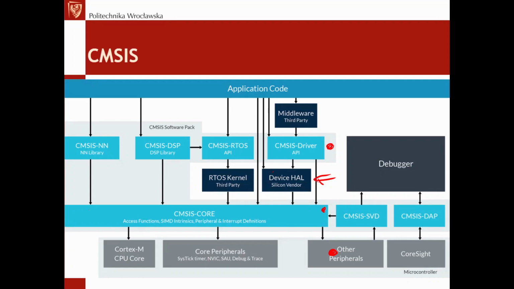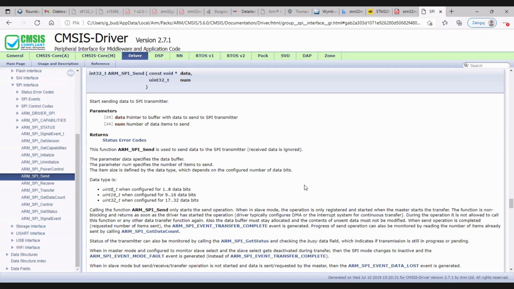But if you intend to write something universal between STM32s, NXPs, Texas Instruments and Analog Devices, because it's possible as well, then staying at the HAL level is a bit problematic, because it's not going to be the same on the NXP or Texas Instruments platform. But using this CMSIS driver method shown here guarantees that it's going to be relocatable.